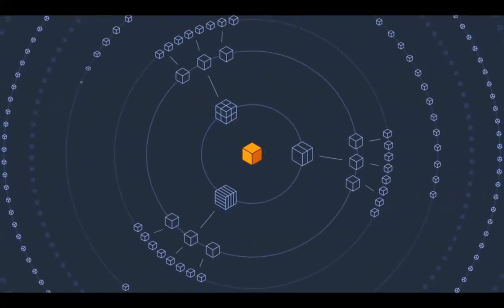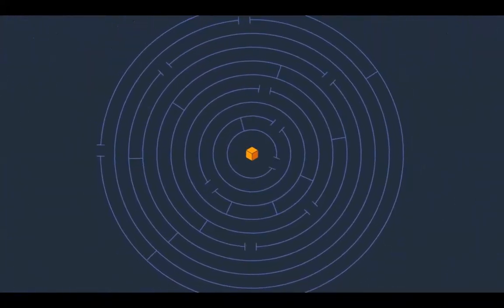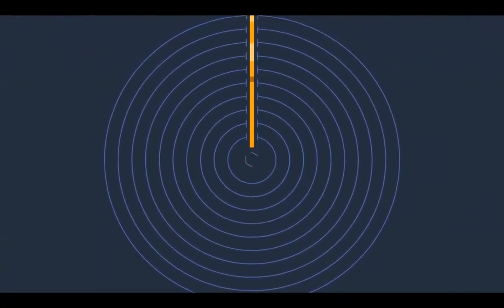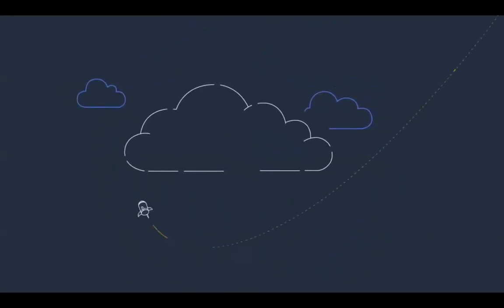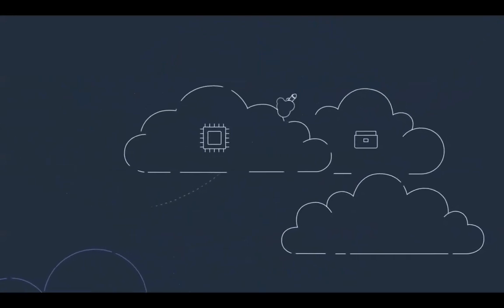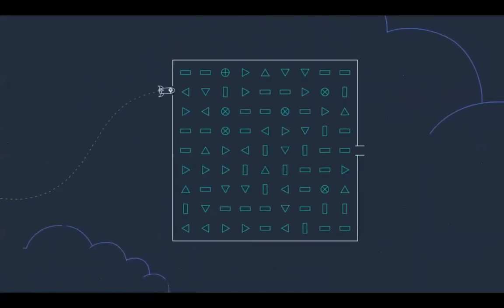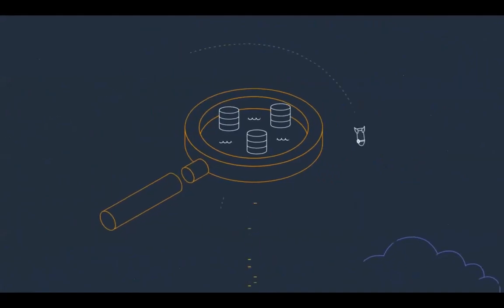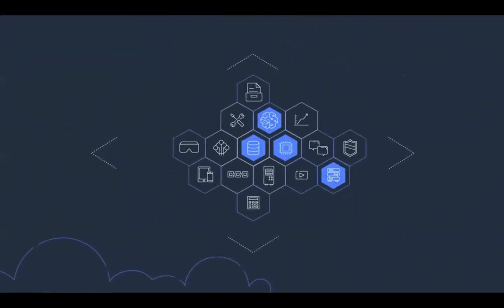AWS gives you more services and more features within those services than any other cloud provider. This makes it faster, easier, and more cost-effective to move your existing applications to the cloud and to build anything you can imagine. From infrastructure technologies like compute, storage, and databases, to emerging technologies such as machine learning and artificial intelligence, data lakes and analytics, and Internet of Things. Building on AWS means you can choose the right tool for the job.